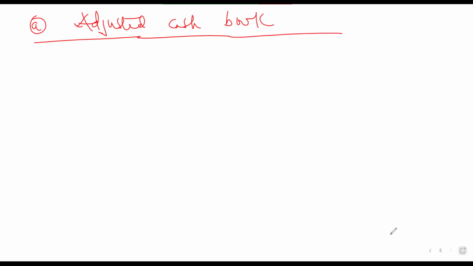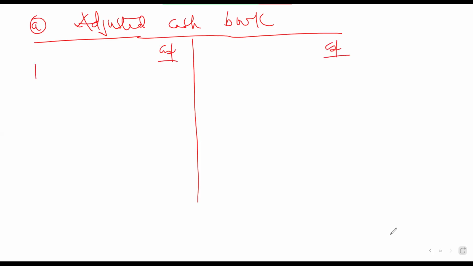Okay, so A. We have the adjusted cash book. So we start with the balance. The balance over there, is it a debit balance or a credit balance? Debit balance.